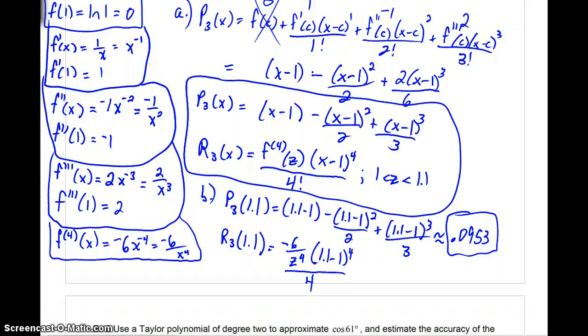But here's where we need to do a little bit of work. By the way, that's 4 factorial down below, excuse me. We can clean this up a little bit and say this is negative 6, down here is z to the fourth times 4 factorial. And 1.1 minus 1, of course, is just a 0.1, so this is 0.1 to the fourth. You know, if z is between 1 and 1.1, that's really what's going to drive this lesson right now.